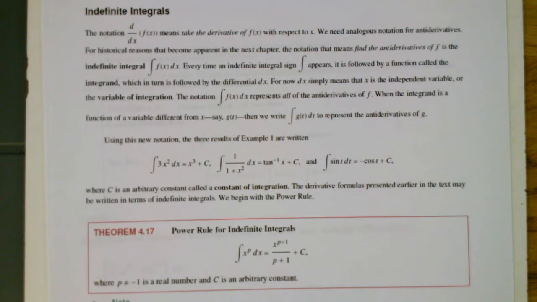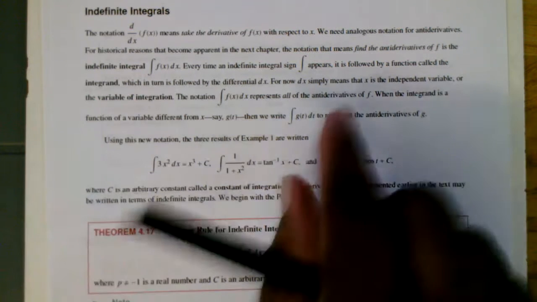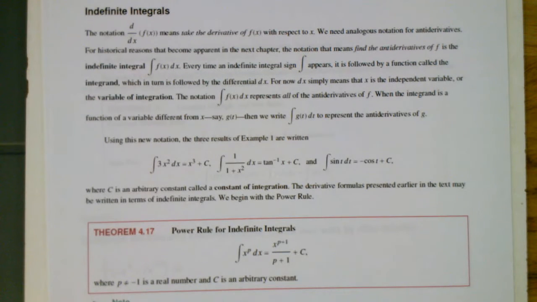So every time an indefinite integral sign appears, it is followed by a function called an integrand, which in turn is followed by the differential dx. But now dx simply means that x is the independent variable or the variable of integration.